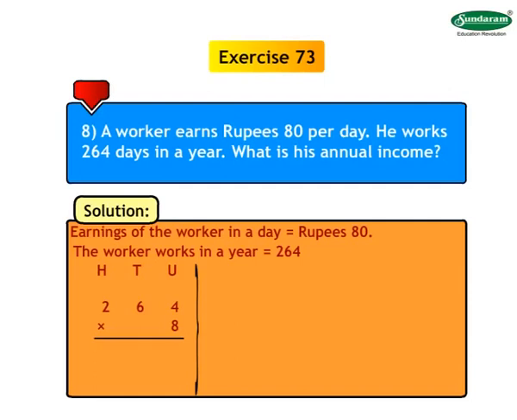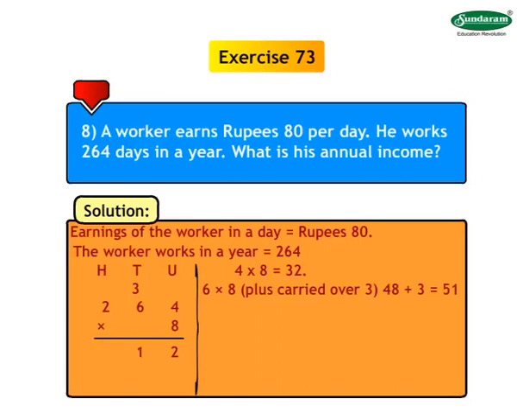Arrange the multiplicand 264 and the multiplier 8. Starting from units place, 4 into 8 is equal to 32. Write 2 in units place of answer. Carry over 3 in tens place. In tens place, 6 into 8 plus carried over 3 is equal to 48 plus 3 is equal to 51.